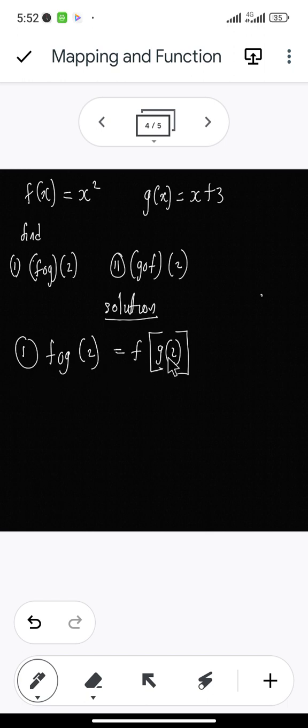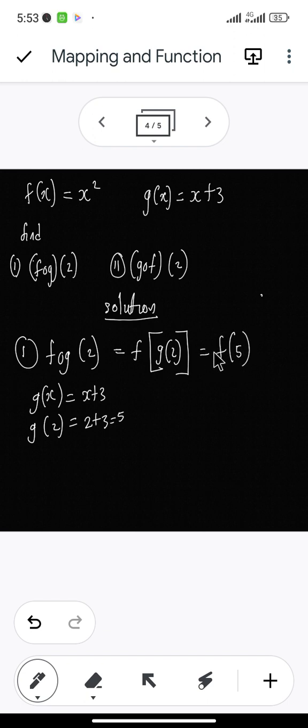Now the next thing to do is you're going to solve for this, the one inside the bracket. So if g of x is x plus 3, that means g of 2 will be what? 2 plus 3, which gives you 5. So you substitute 5 into this, you're going to have what? F of 5.